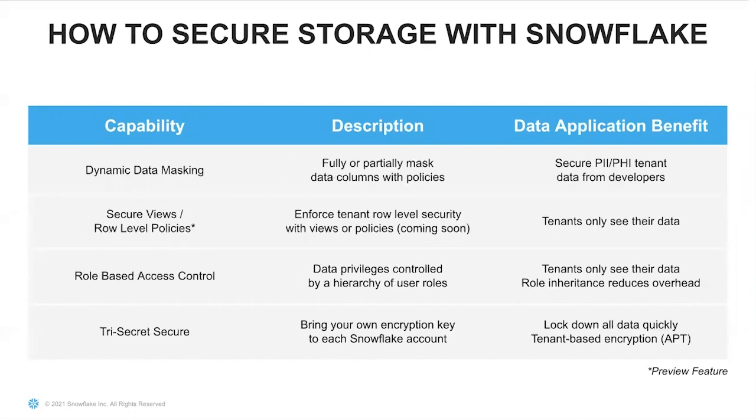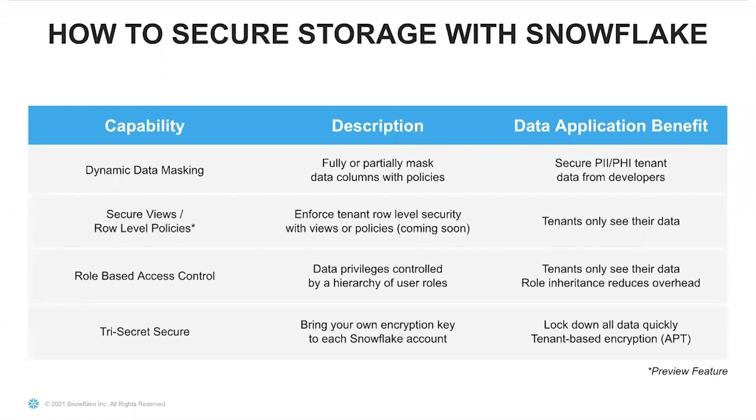From a security standpoint, as I mentioned before, dynamic data masking allows us to mask data from a column perspective. Our row level security allows us to do it from a row perspective. And this is allowing you to secure PHI, PII data from your developers, as well as making sure tenants only see the data they're supposed to see.